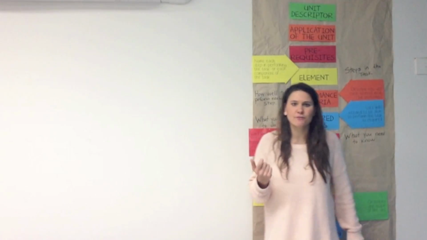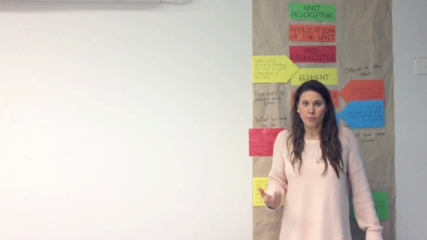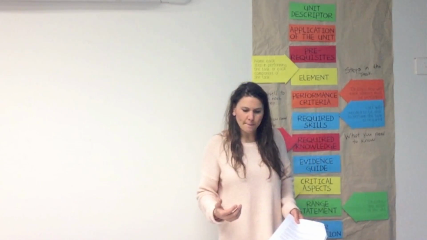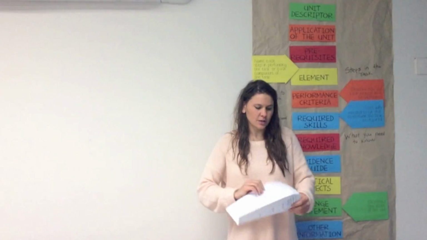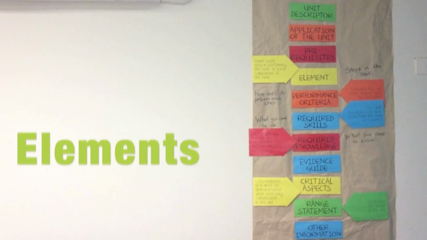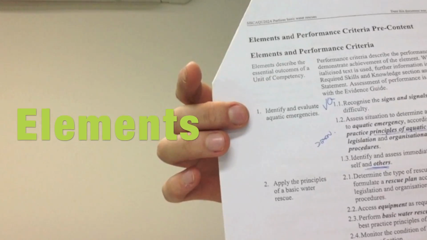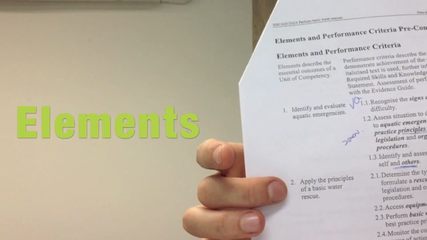So if we think about this from a logical standpoint, if this is the task, right? So the task is perform basic water rescues, and you read these elements, which is the 1, 2, 3. So read these elements, you know, identify and evaluate, and then we're going to apply, and then we're going to record it down, right?